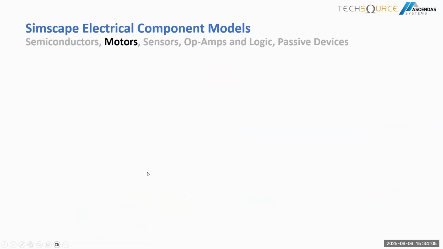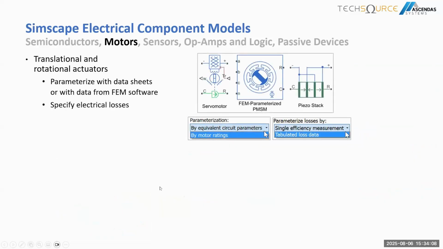Not only that, we also have motor applications, or translational or rotational actuators. As I said, we don't really need to put in the equations for the motor. Simscape Electrical already gives you a developed library for motors, which can be parameterized with data sheets, for example, or with data from FEM software imported into Simulink.